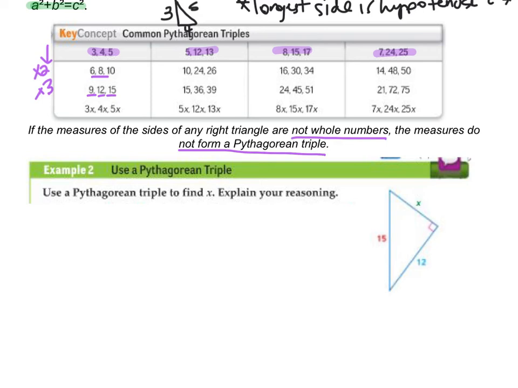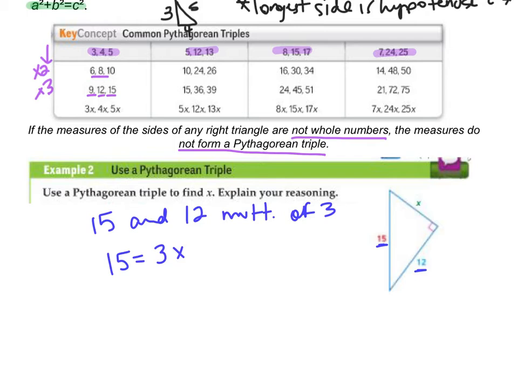So we have here 15 and 12. We notice that 15 and 12 are multiples of 3, because we know 15 equals 3 times 5, and 12 equals 3 times 4.